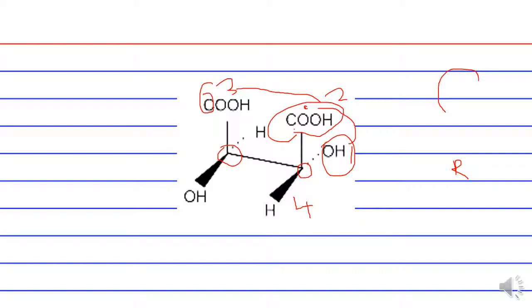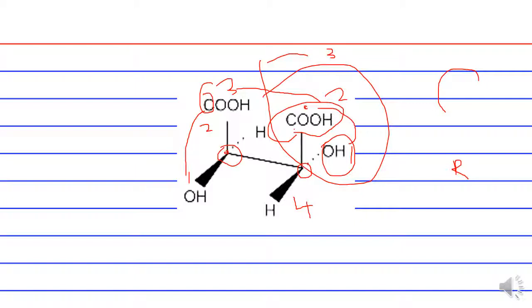Now, if we were to do the same thing over here, this is group 1, this is group 2, and this whole thing over here, this whole mess, relative to this chiral center, would be group 3. So now if you travel, you're going in a clockwise fashion, 1, 2, and then over here is 3.